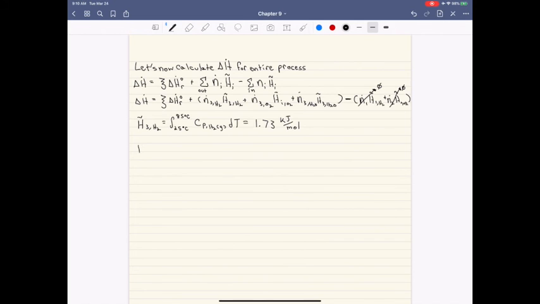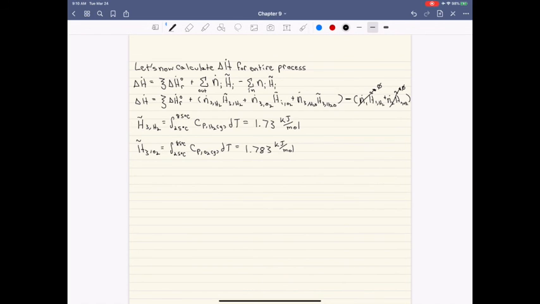And it's a similar sort of procedure for the oxygen. Once you integrate it, you should get this value.